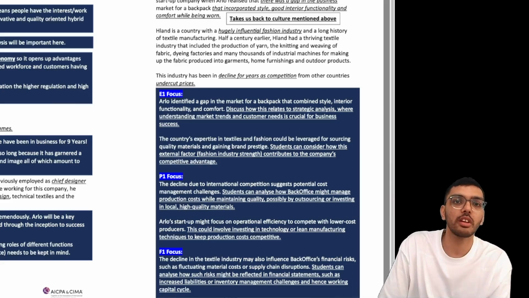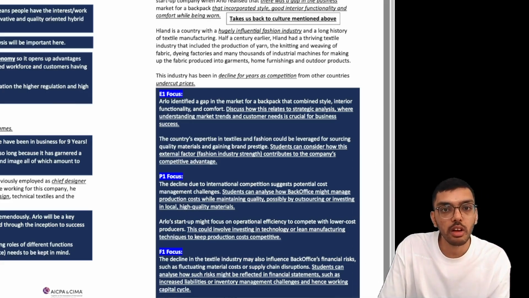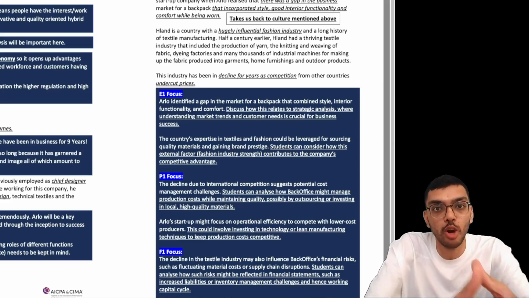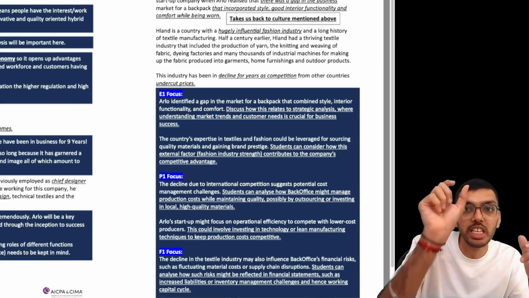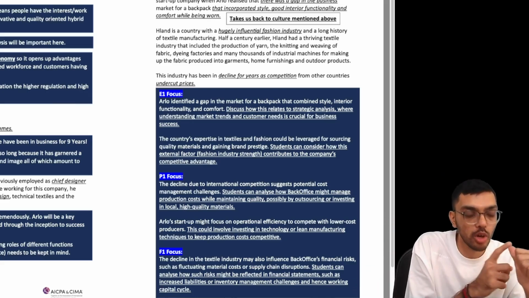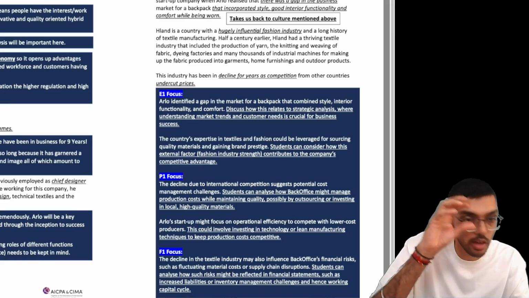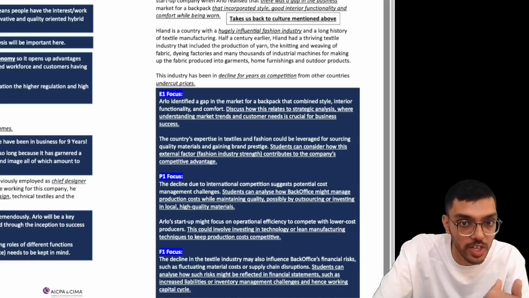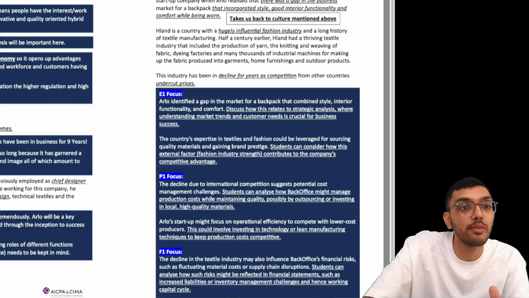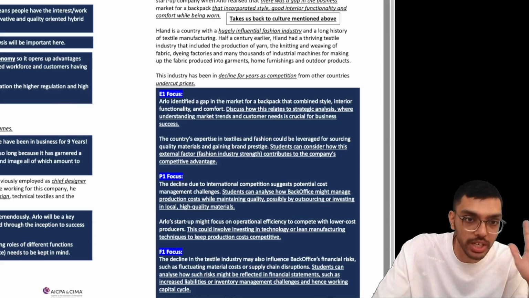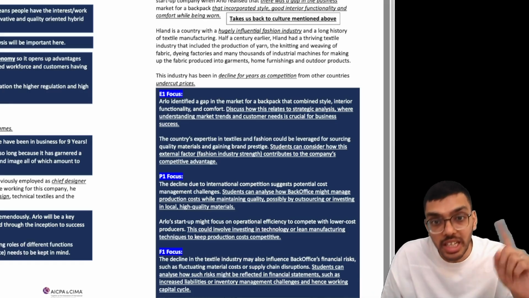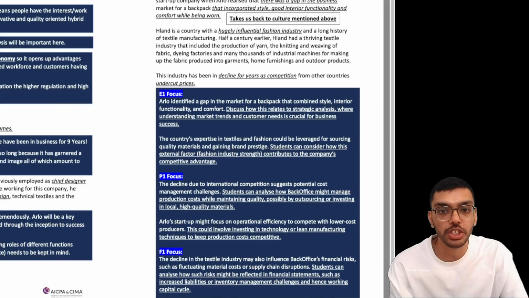But from this, what I'm learning is a lot about my business. Like I already pointed out, from the E1 focus, you have, let's say, changing roles of different functions, which I have already spoken of, and external factor analysis, which I have pointed out. From the P1 syllabus now, the decline due to international competition suggests potential cost management challenges.